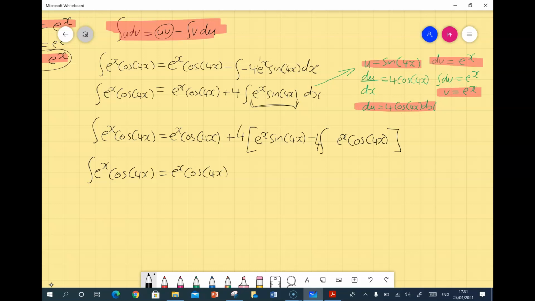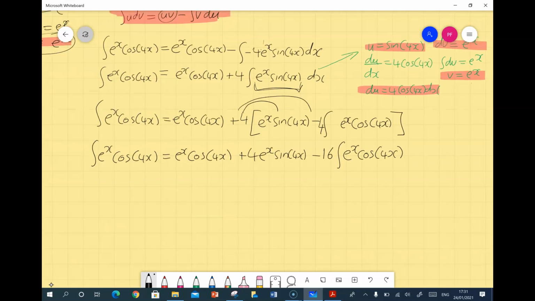Now let's multiply our 4 in. 4 by this is 4 e to the power of x sine of 4x, and 4 by this is minus 16 times the integral of e to the power of x cos of 4x. Okay, so things are not getting easier. Those integrals are not getting easier.